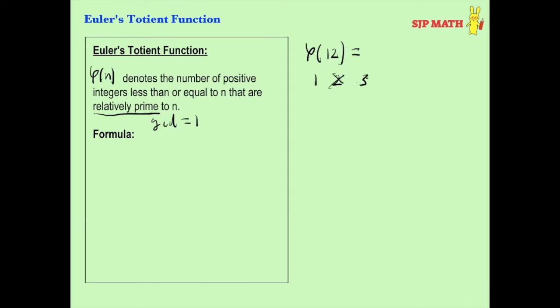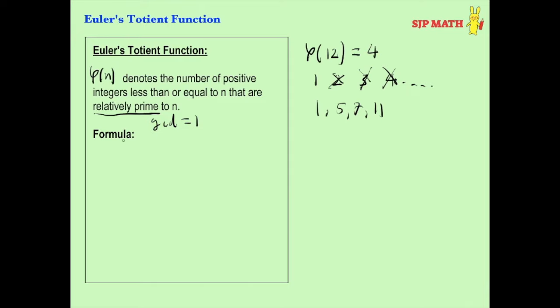And 3 is a factor of 12, so it has a GCD of 3 with 12, and the same for 4. I'm not going to do all of it because it takes a long time and it's repetitive. If we try all the values from 1 to 12, we get that 1, 5, 7, and 11 are the numbers that are relatively prime to 12. That's 4 numbers, so totient of 12 is equal to 4.